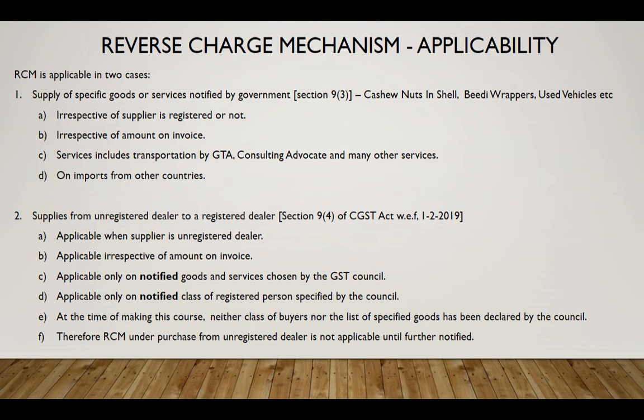Subsection 3 of section 9 tells that there are certain specific goods and services whose trade by default falls under RCM. So what are the items and services which fall under reverse charge mechanism? The GST Council has specified a list of items, a few of which are cashew nuts, BD wrappers and used vehicles, and alongside there are other items which fall under reverse charge mechanism.